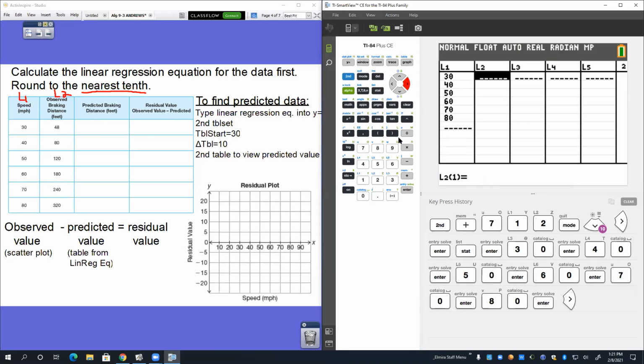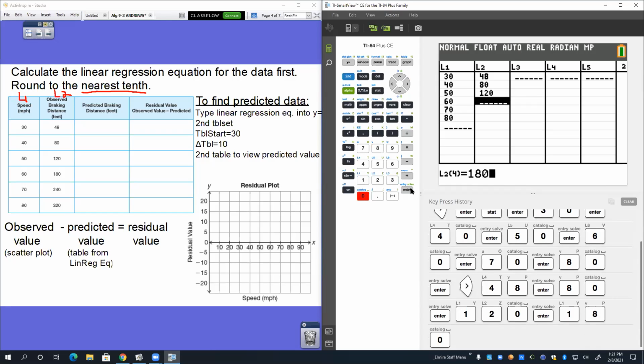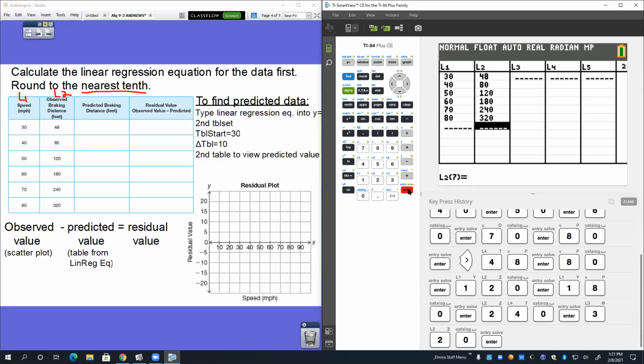And then in our L2 column, we have observed breaking distance. Always double check your data to make sure that it is correct.